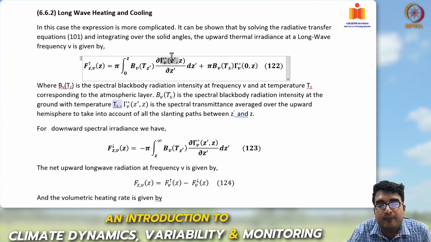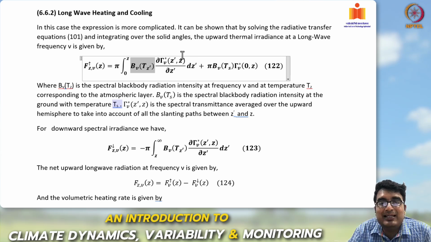The gradient of this transmittance with respect to z prime is one term, then dz prime is another term, and then the black body spectral radiation intensity at the temperature corresponding to z prime.